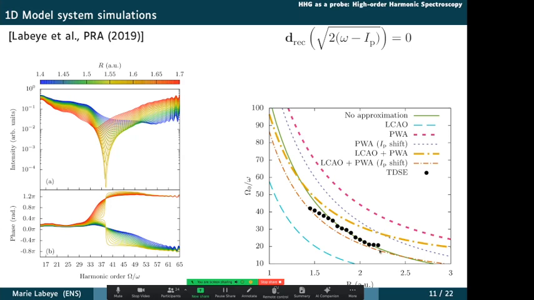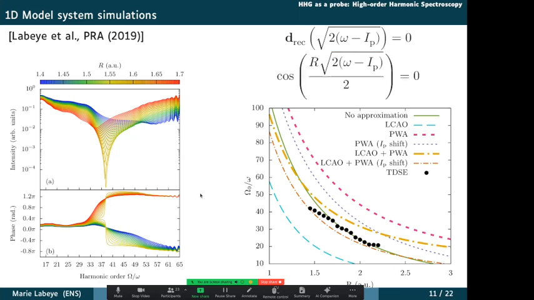Okay, so the zero of this quantity I computed in green. And that's why we also have a phase jump, because if we have a zero, the phase switches by pi if we plot it in the complex plane. And the problem is that usually, to predict the position of this minimum, people use a very simple scaling law.